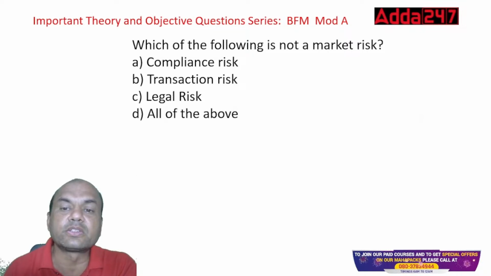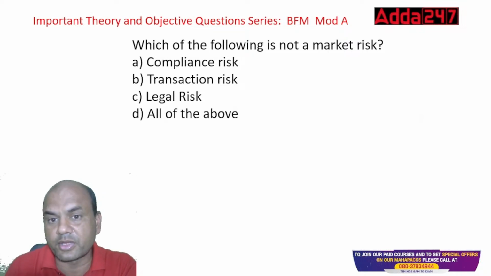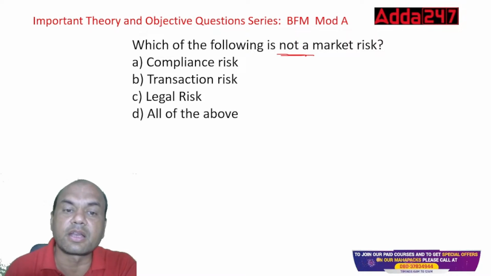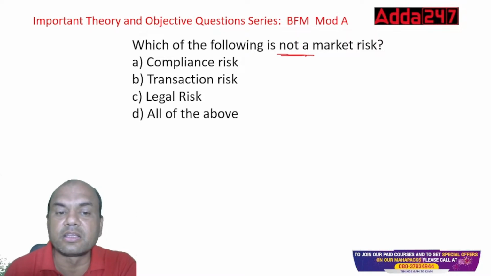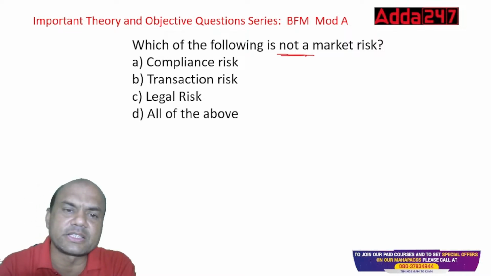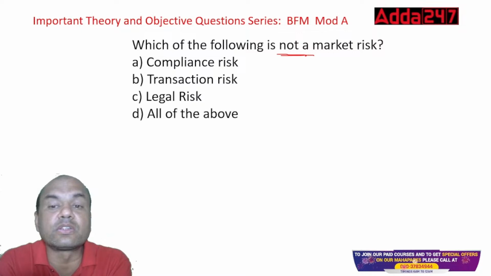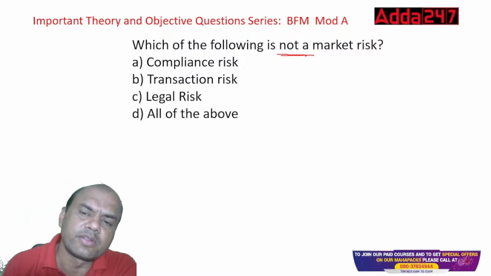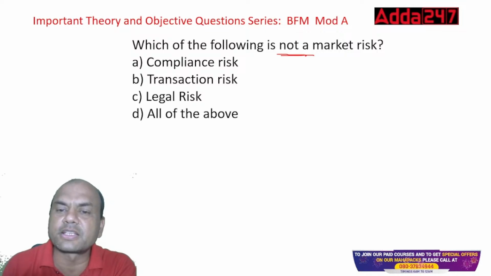Which of the following is not a market risk? Compliance, transaction, legal, all of the above. Let me think. Type fast in the comment section. Not. Market risk means what? Market risk means that risk which is not in your hands.